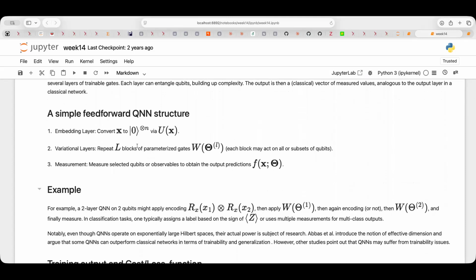So we have the embedding layer, we have the variational layer of L blocks of parameterized gates. So every block then defines a layer. And each block may actually, as I say here, act on all or subsets of qubits. And you can think of each such block as one layer of a standard neural network, if you want to make a comparison here.